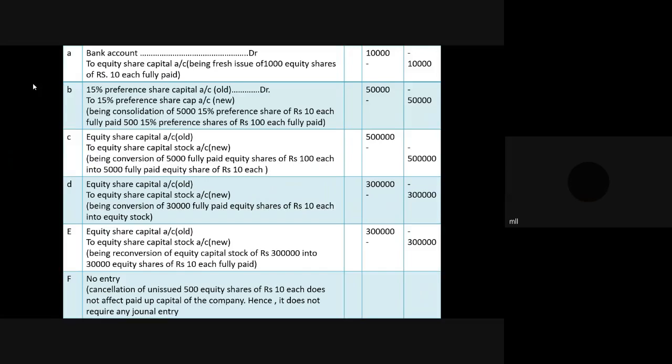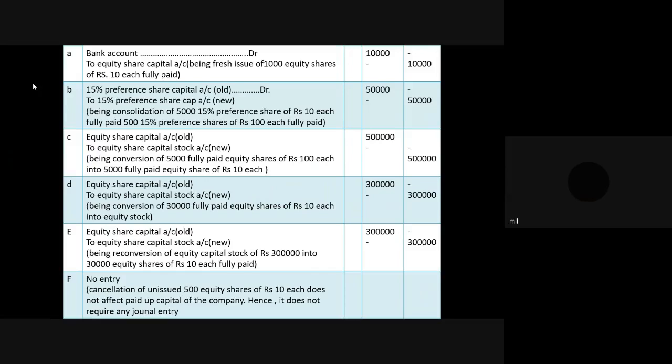The entry: equity share capital old rupees 5 lakh debit to equity share capital new rupees 5 lakh. Being conversion of 5,000 fully paid equity shares of rupees 100 each into 50,000 fully paid equity shares of rupees 10 each. Here the denomination of the value of shares is decreased to only 10.